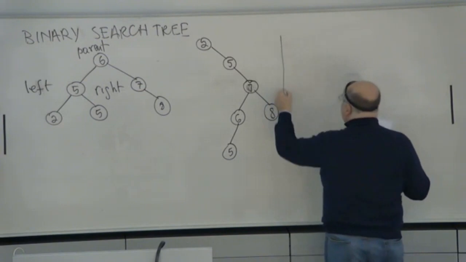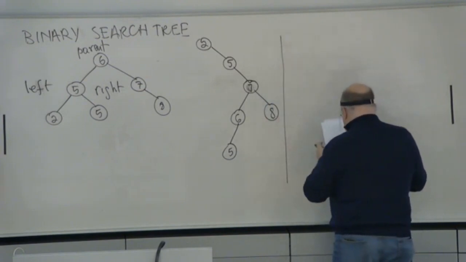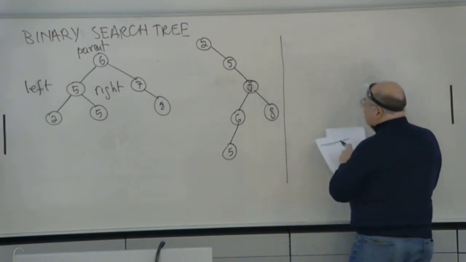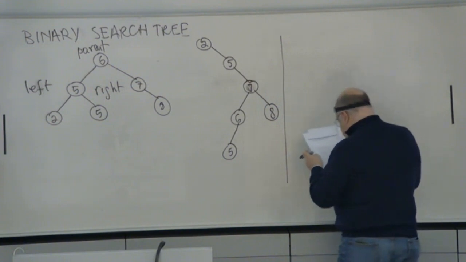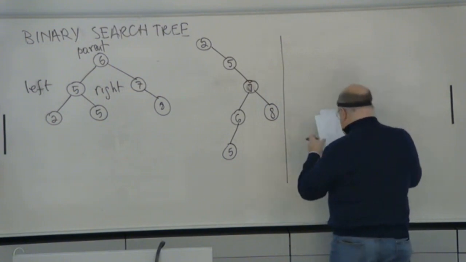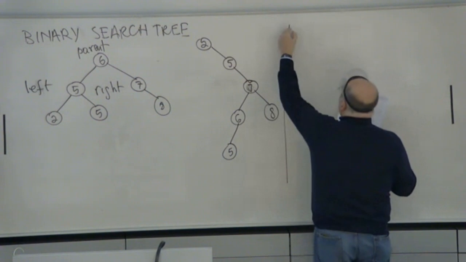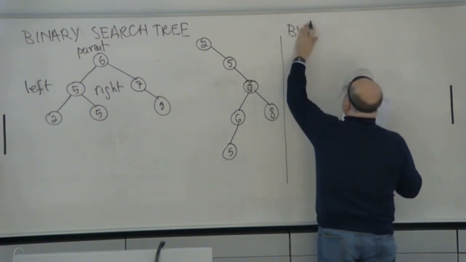So what is the property that defines a binary search tree? Well, the property is the binary search tree property.